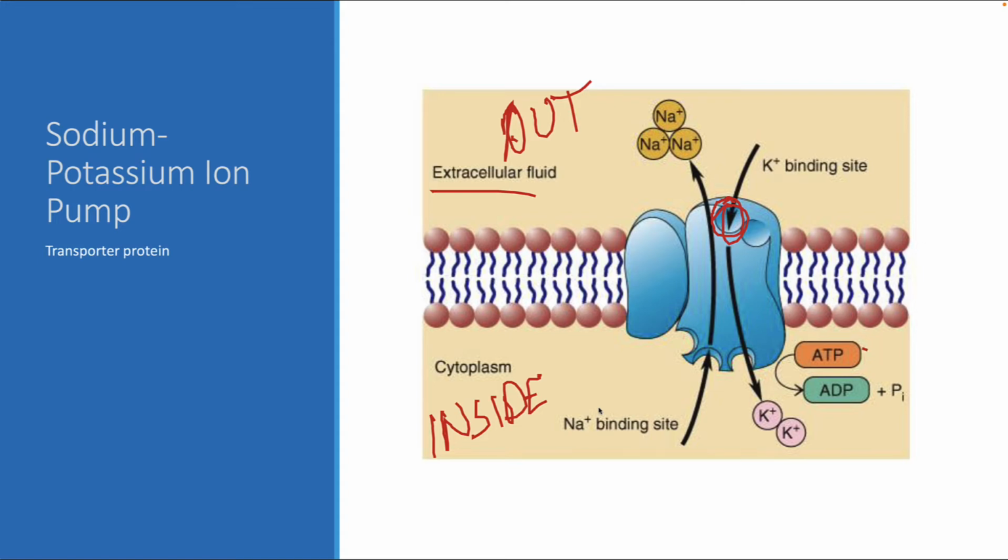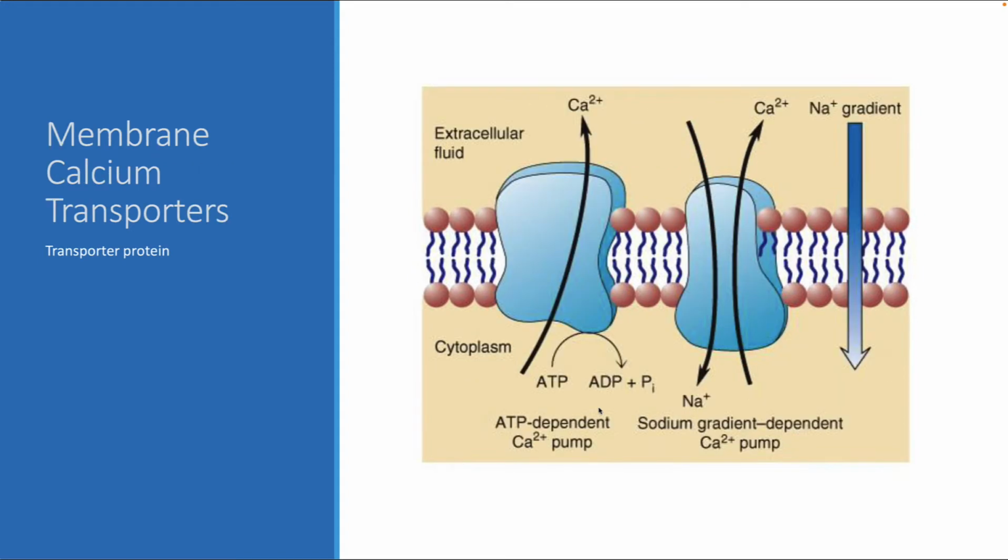With energy from ATP, it activates this carrier that brings the potassium in and sends sodium, which is bound here on the inside of the cell, out to the extracellular fluid. Again, this requires energy. That's a very important thing to remember. This doesn't just happen on its own. It requires energy to happen.